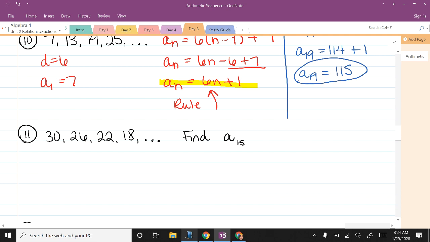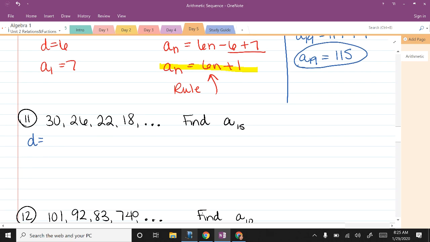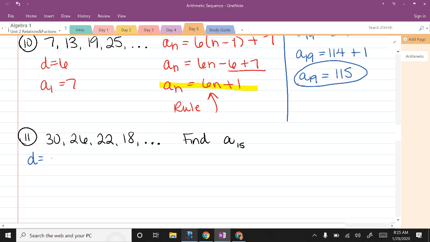All right, look at number 11. I need 2 things before I write my rule. What are they? The formula, yeah. Formula, I got it. I need the common difference. What's the common difference on this one? Yeah, so it's going to be a -4 for my common difference, and my A1 is what?